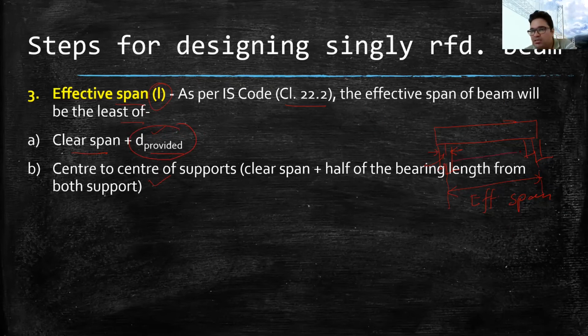Clear span is the distance between the supports. So clear span plus effective depth, whatever value we get, say x value. Similarly, center to center of the support, say we get the y value. If x is less than y, then x will be the value of L. If y is less than x, then L will be equal to y. Whatever value we get, it should be the least of both, and based on that we find the effective span.